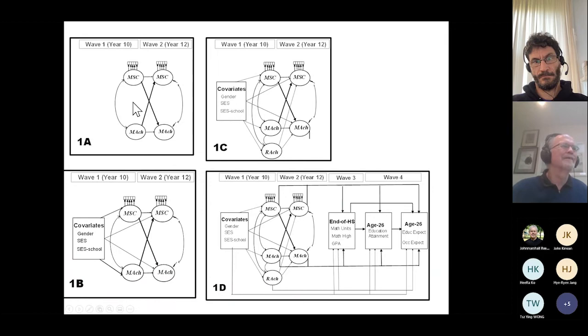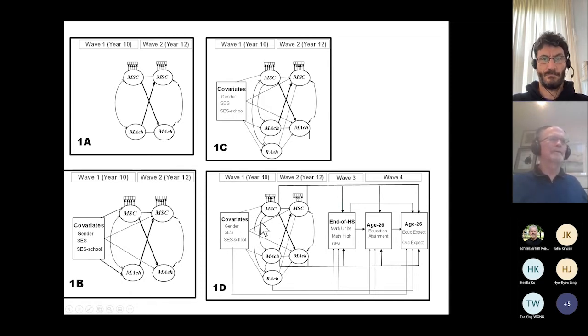The stability paths will be significant, but so will the cross paths. And the prediction is that the inclusion of covariates won't have much effect on support for the reciprocal effect model. This is fairly important, particularly with this cross-lagged panel model, because being able to show that controlling for covariates doesn't make much difference is important.